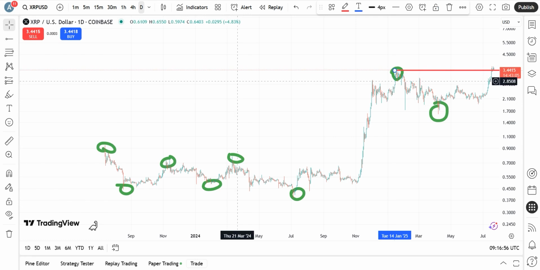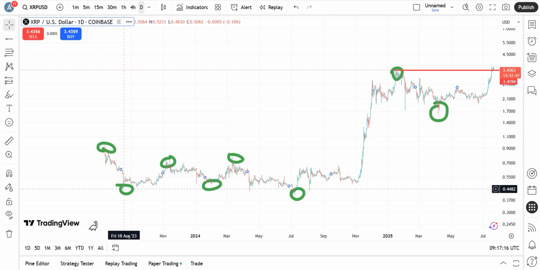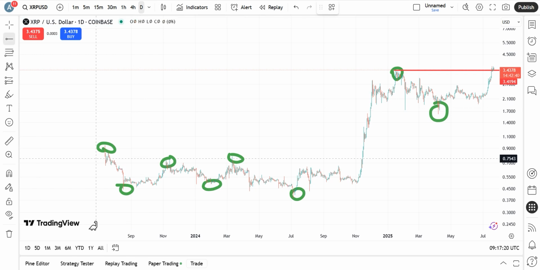So we put one resistance right here because it is the high of all time, the highest price ever, and some maybe useless supports right here.